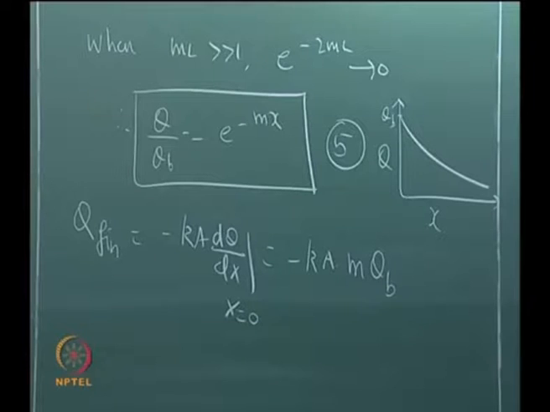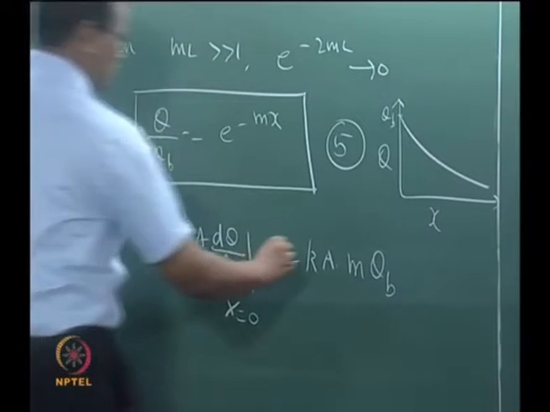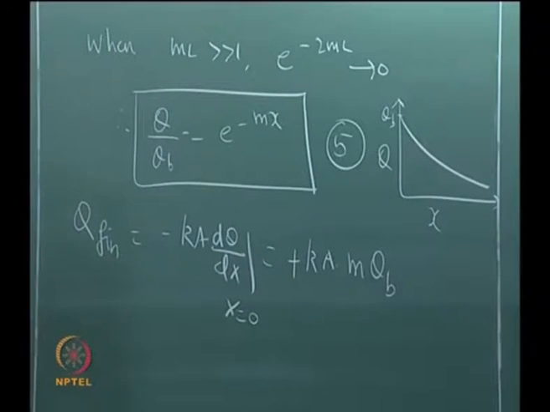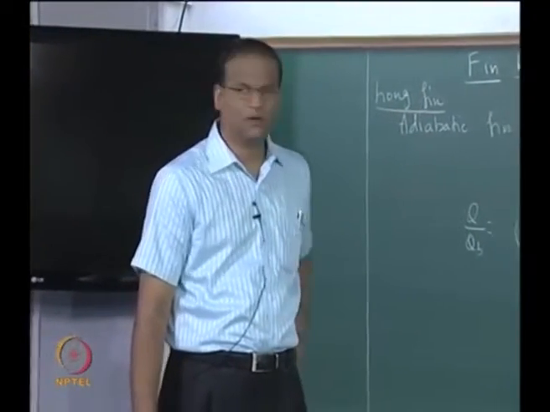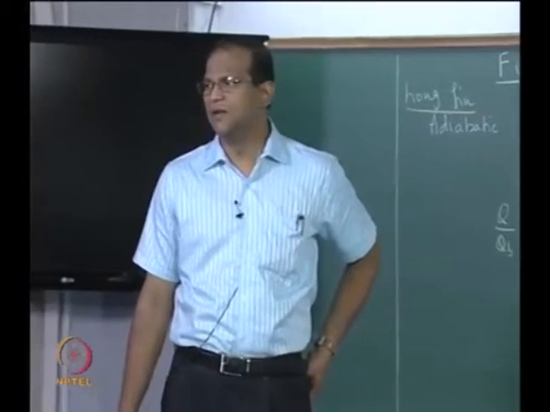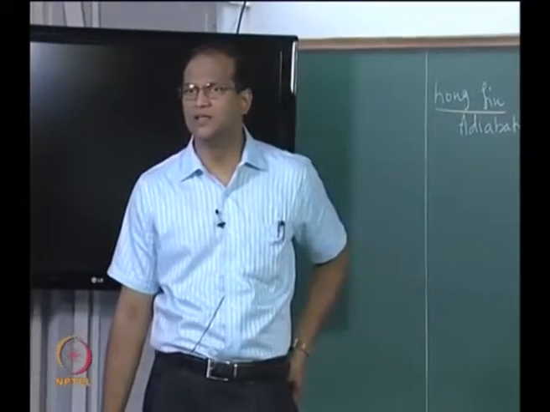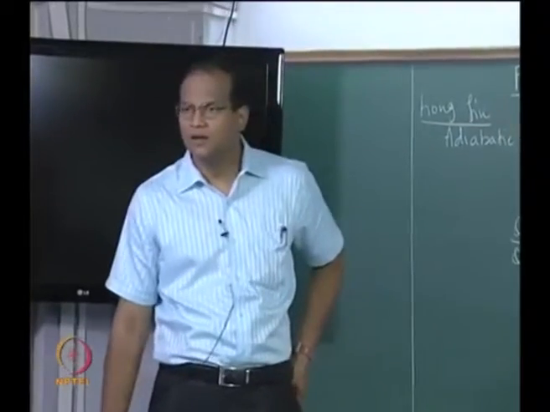So this minus and minus will get cancelled, so we will get plus. K is in units of watts per meter per Kelvin, A is meter square and m is 1 per meter. So there is a 1 per meter in k, there is a 1 per meter in m, there is a meter square in A, so the meter square gets cancelled, so the whole expression is in watts.